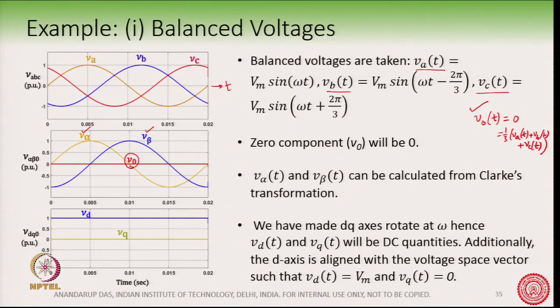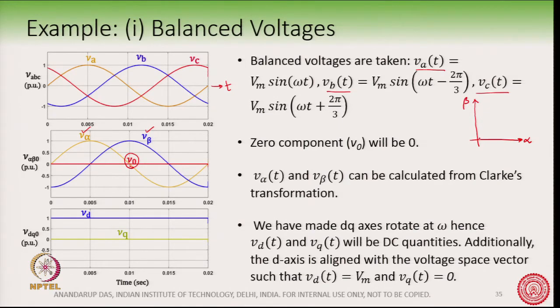You can also see that the waveform V alpha is leading the waveform V beta, okay. And this is correct because I can just quickly draw it here. We have said earlier that this is the alpha axis and this is the beta axis, and these are stationary axes.